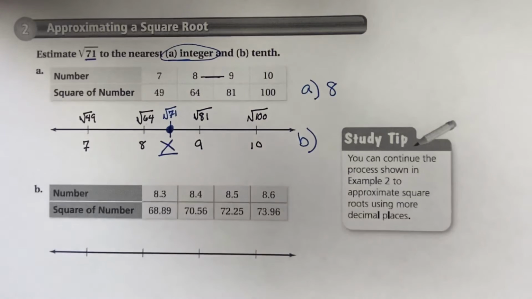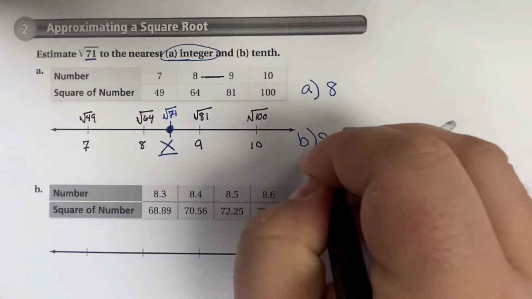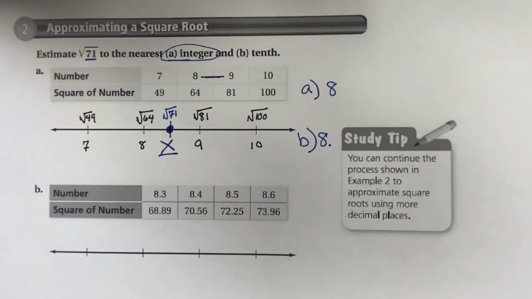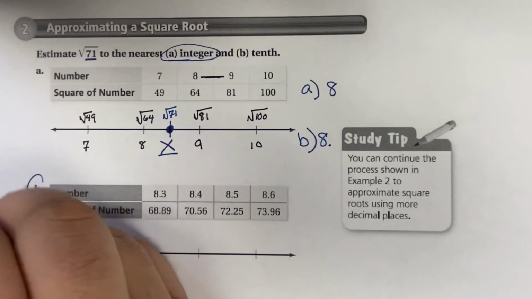Now, if we're talking about tenths, now it gets even more fun. Now I'm going to estimate. I know it's 8 point something, right? So what we're looking at is, at this time, you could grab a calculator. B is right here.